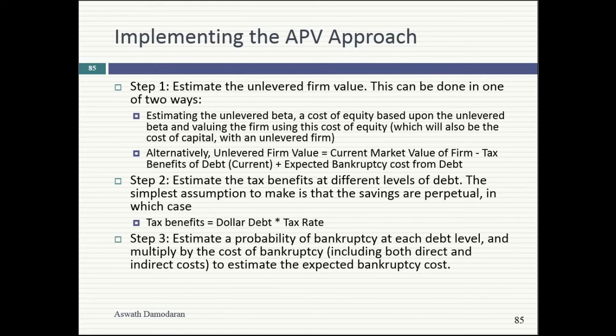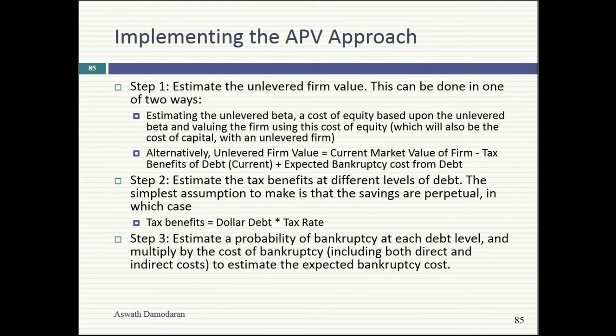I use the risk-free rate plus unlevered beta, because there's no debt. So basically it will be the cost of equity computed with an unlevered beta. So if I take the cash flows to the firm, discount at an unlevered cost of equity, which will also be the cost of capital, I've got the value of the firm with no debt. That's one way to do it. But that does require that you value the whole firm. I'll give you a shortcut if you don't want to go that route.